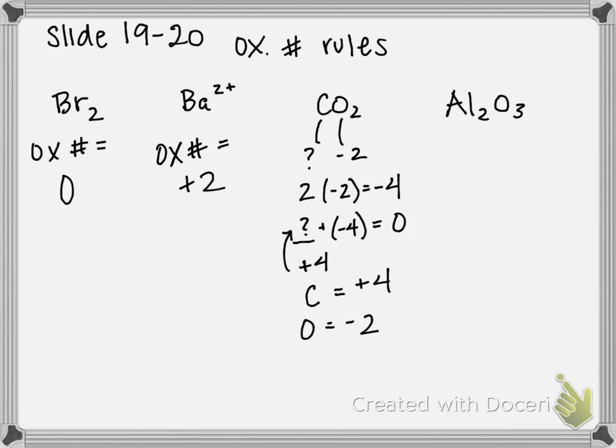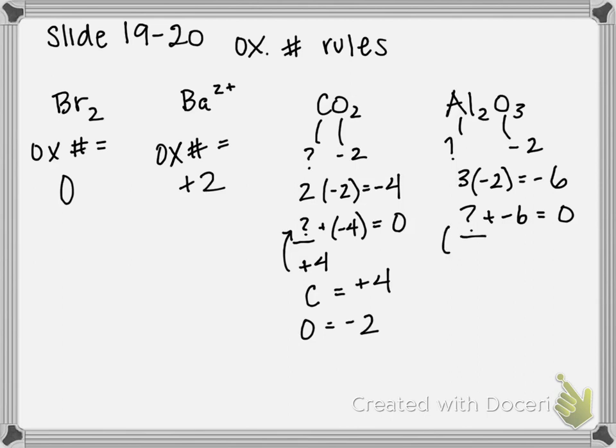So for the fourth compound, aluminum oxide, we know oxygen always has a -2 charge. We don't know about aluminum though. We have 3 oxygens that each have a -2, for a total of -6. We're looking for what we add to -6 to give us an overall compound charge of 0.